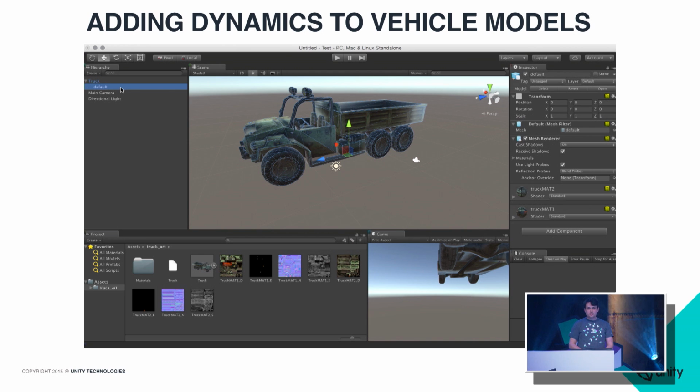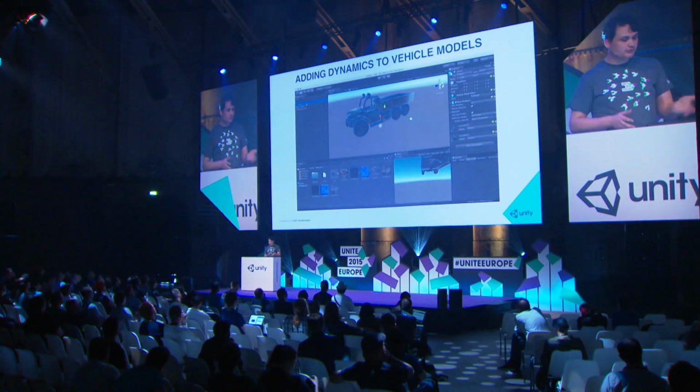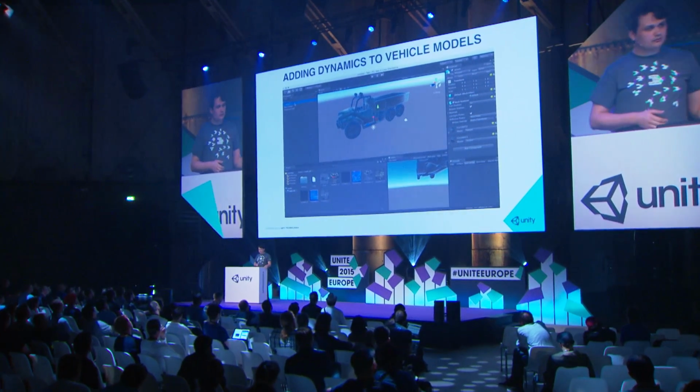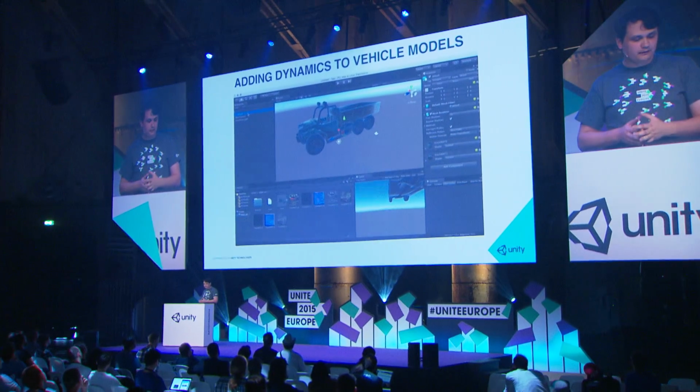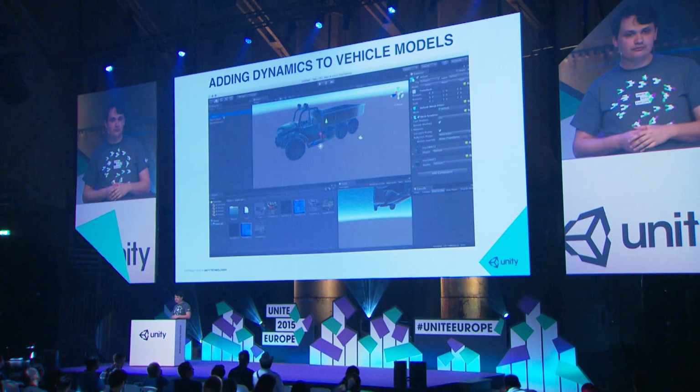Another way this project can be useful is to quickly add simple dynamics to your vehicle models. In this particular case, I downloaded a model of a military truck, I guess. Then I created a box-shaped car with 3 axles.